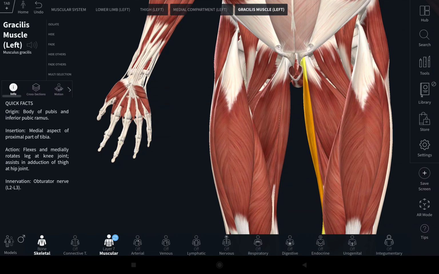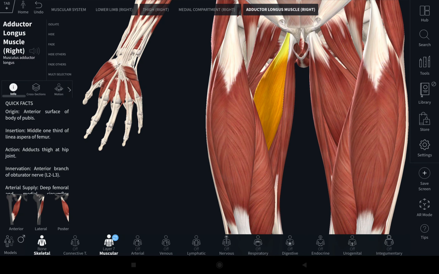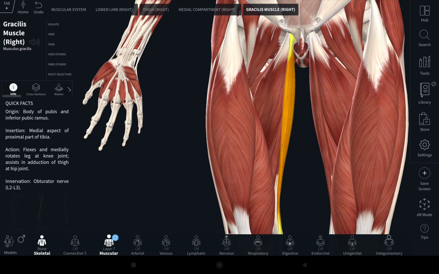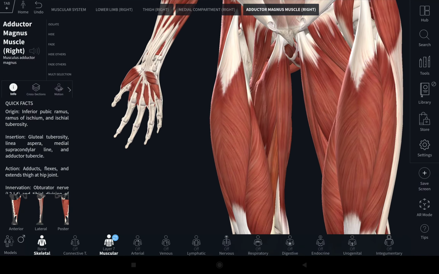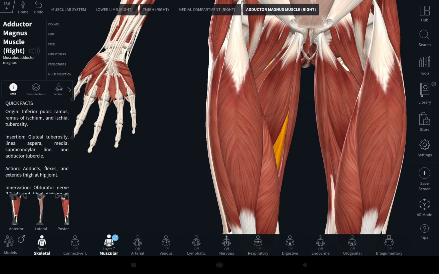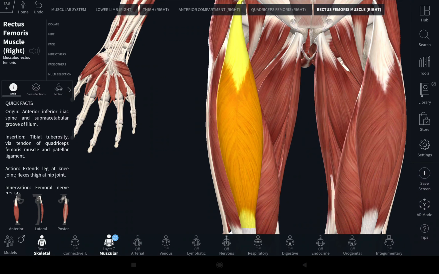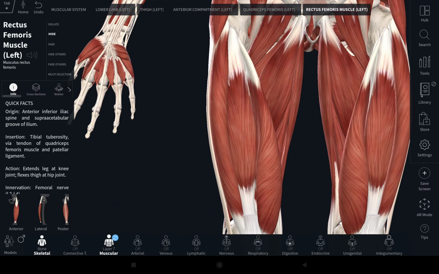This is the gracilis muscle, and between the adductor longus muscle and gracilis muscle there is another muscle which is called the adductor magnus muscle.